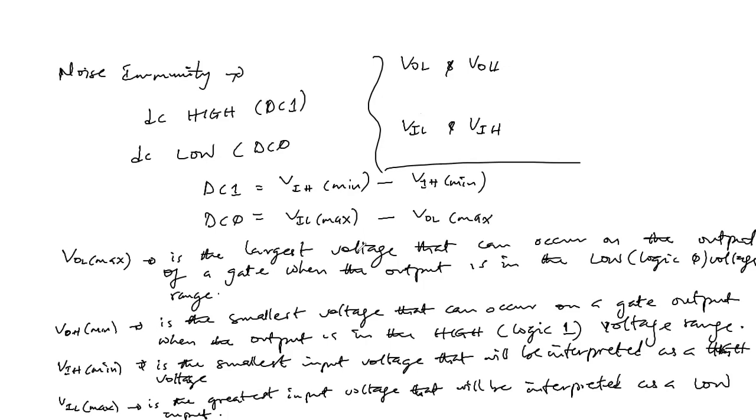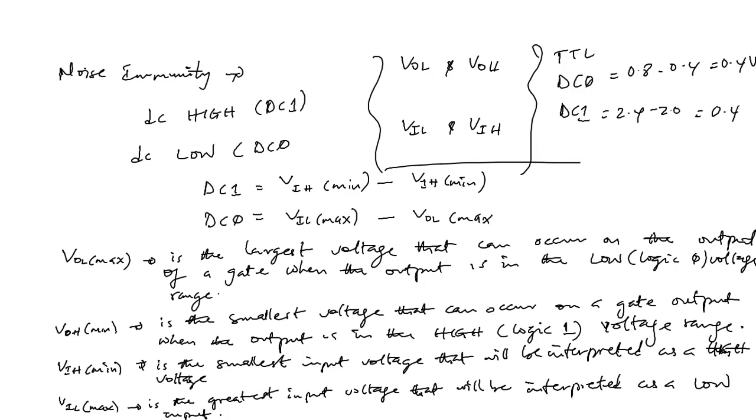So typically for TTL, DC0 is 0.8 minus 0.4, which is 0.4 volts, and DC1 is 2.4 minus 2.0, which is the same as 0.4.